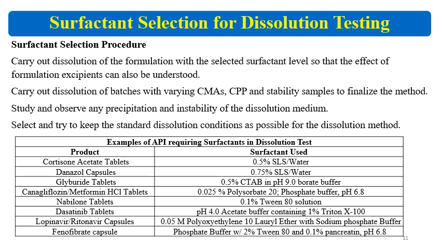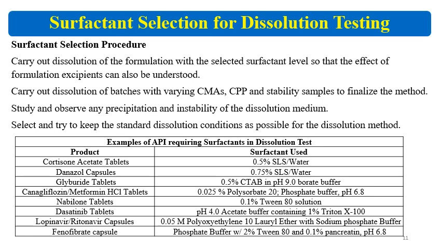Here I have included some surfactants which are specific for formulations containing low soluble APIs. Like cortisone acetate tablets are tested with surfactant SLS 0.5% in water, danazol capsule 0.75% SLS in water, glyburide tablets 0.5% CTAB in pH 9 borate buffer.